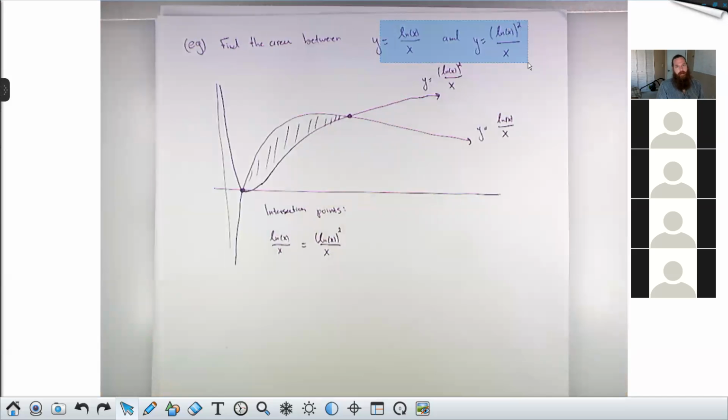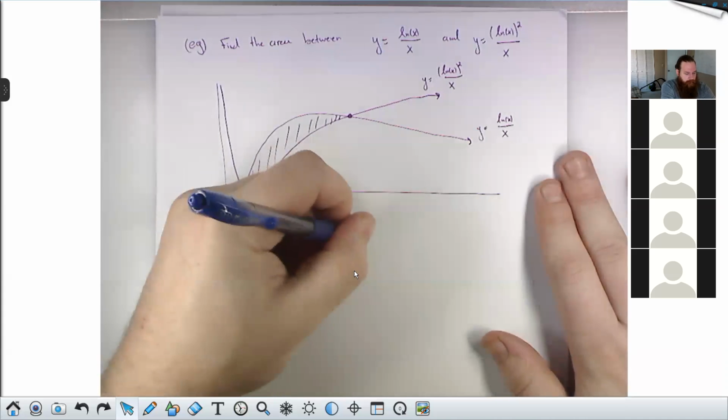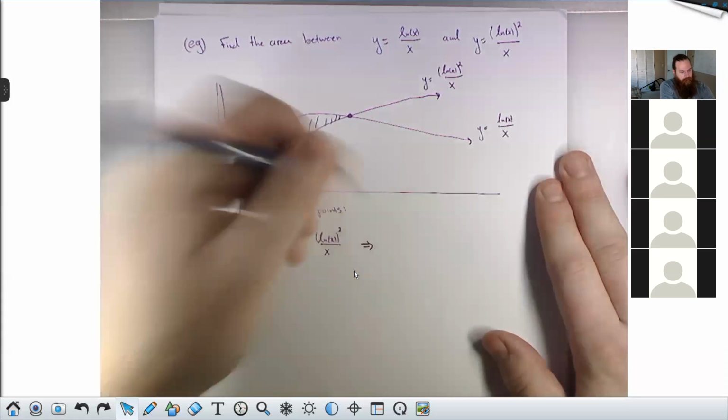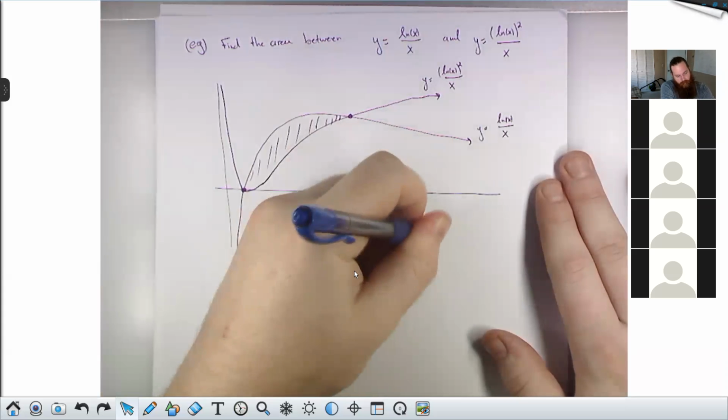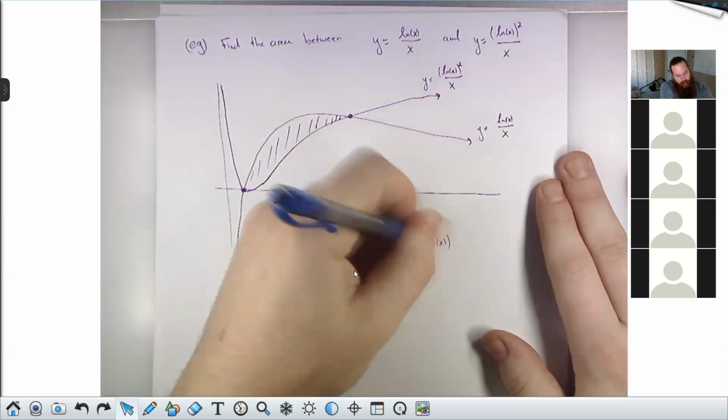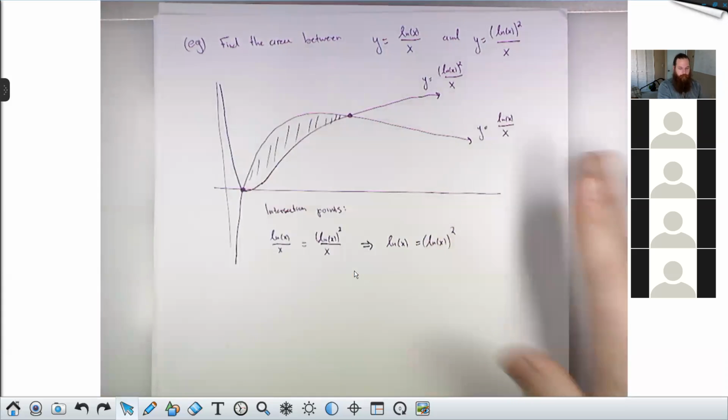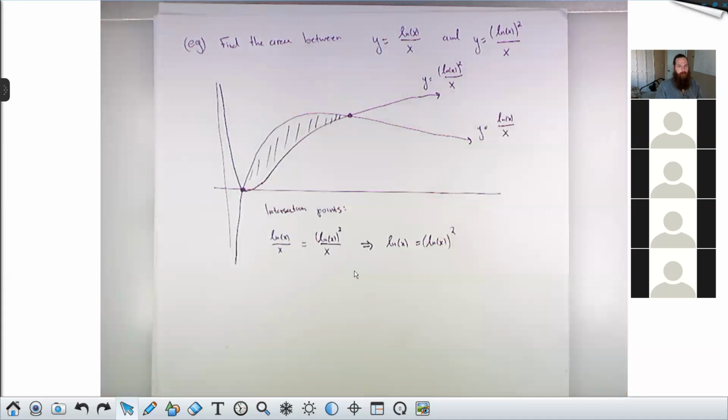Neither of these is defined at x equals 0, so I know 0 isn't an intersection point, which means I'm free to multiply both sides by x, which gives me this.